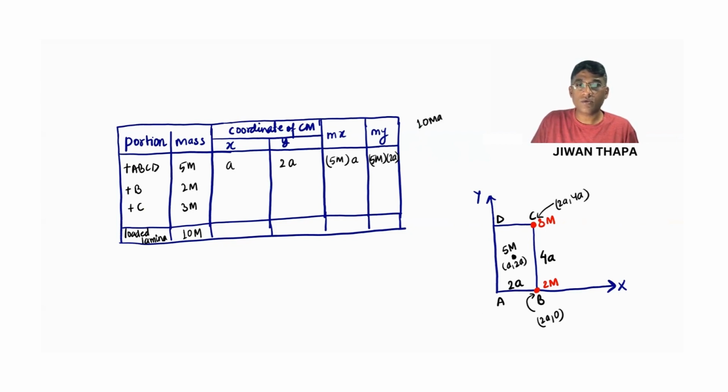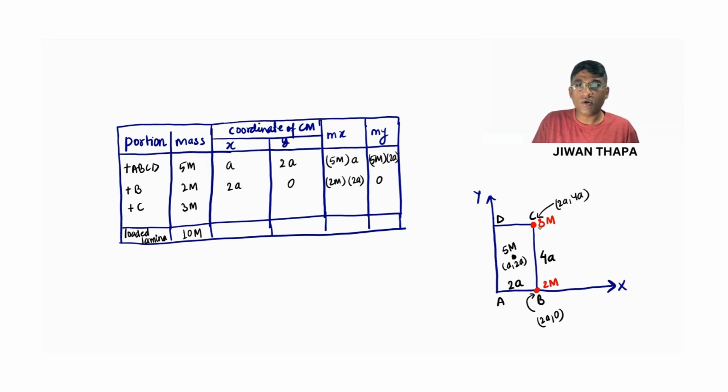So I'm writing in this way. And for twice m, x coordinate is twice A, y coordinate is 0. So mx gives me 2m times twice A and my is 0. So we have this.